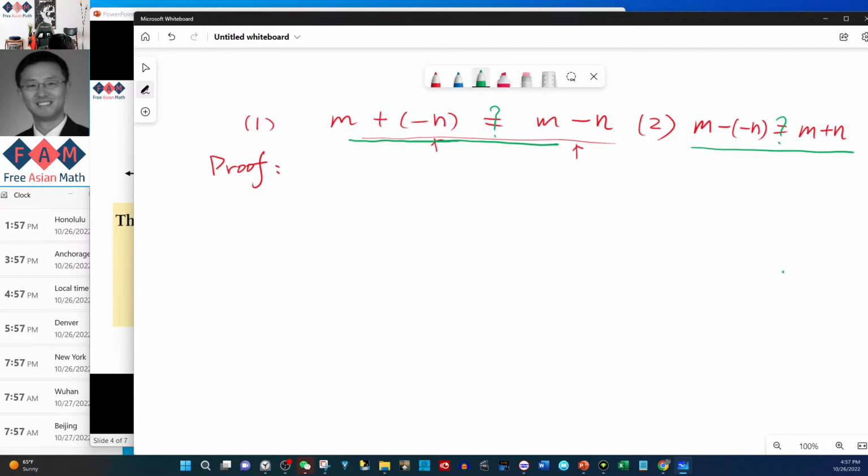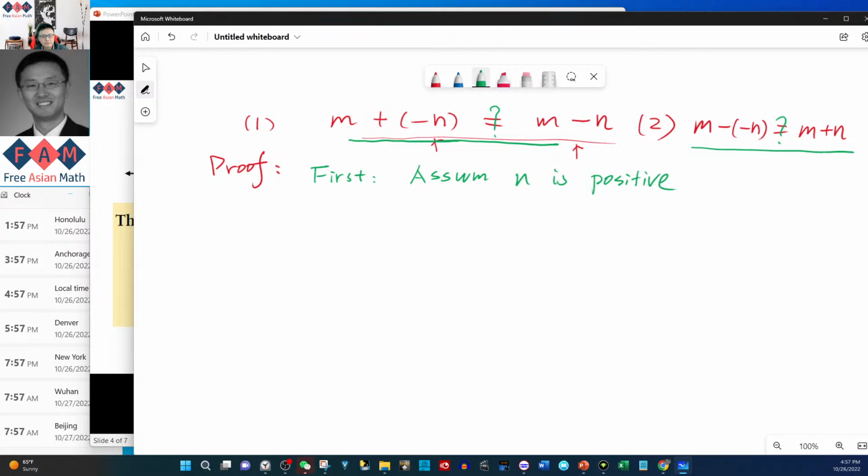So first step, assume n is positive. Okay, now we classify based on the value of n. We assume n is positive.